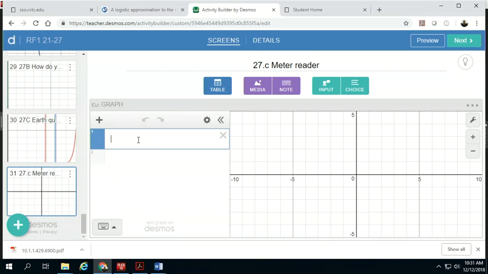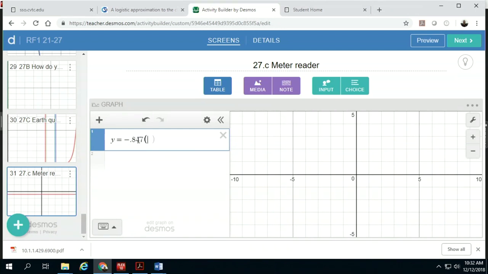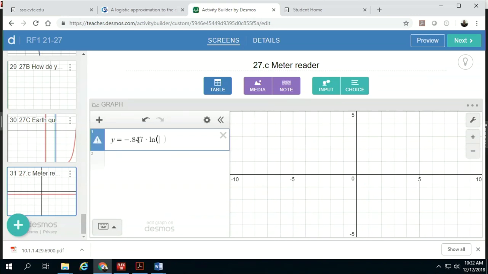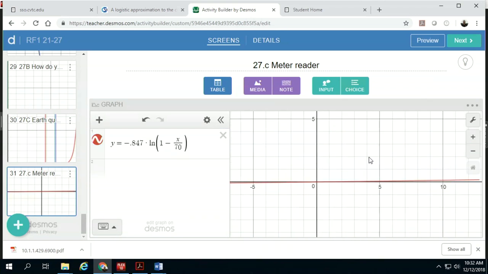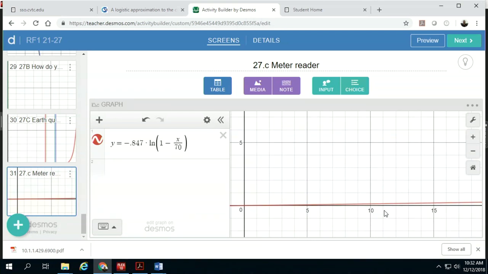So, y equals negative 0.847 times ln of 1 minus x over 70. So you can see how the number of meters read each day is changing.